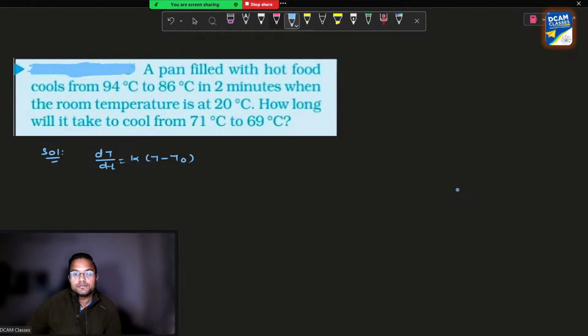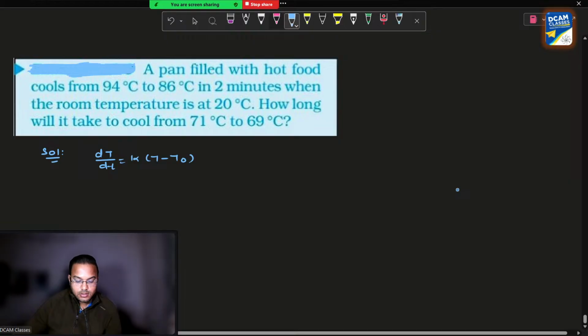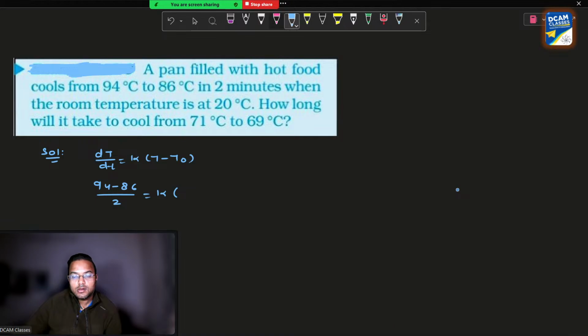The body cools from 94 to 86 in 2 minutes, so (94 minus 86) divided by 2 is equal to k. What's the surrounding temperature? 20 degrees Celsius. This is the first equation. The second equation is for how much time it will take: 71 to 69, so (71 minus 69) divided by time t is equal to k into.